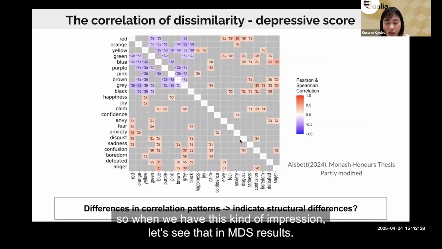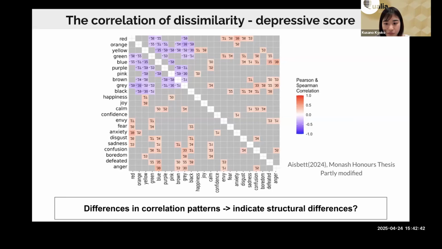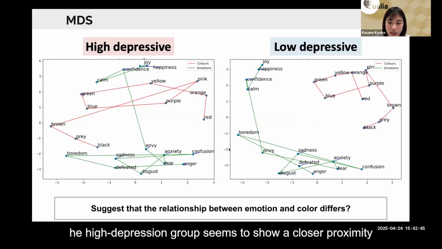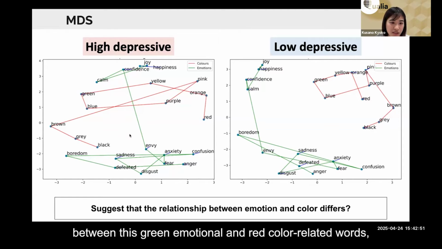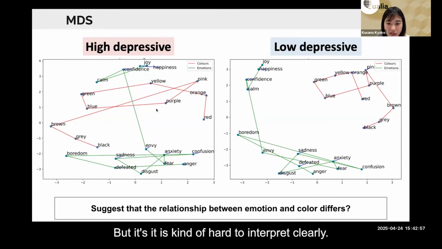When we have this kind of impression, let's see the MDS results. The high depression group seems to show a closer proximity between these green emotional words and red color words, but it is hard to interpret clearly.